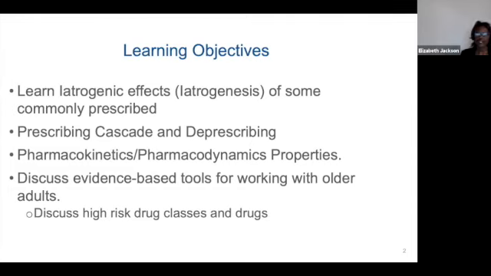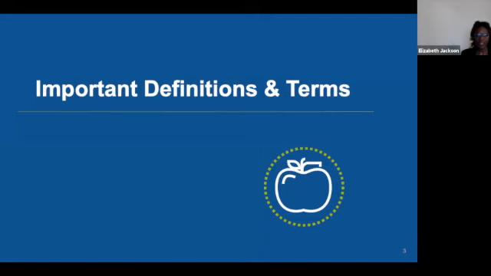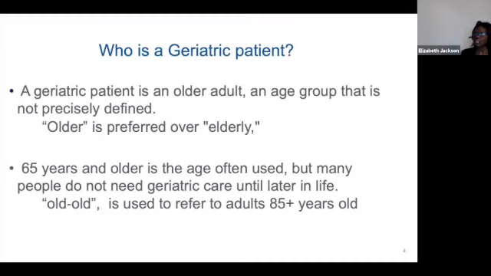Going on to the next slide, please. We first need to discuss what we mean by a geriatric patient. A geriatric patient is an older adult, an age group that's not precisely defined.